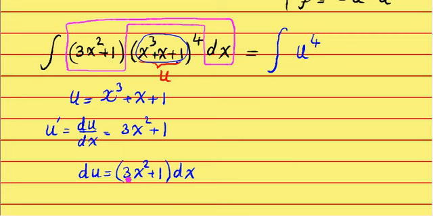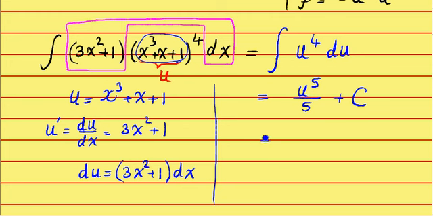Fortunately I have it here. 3x squared plus 1 dx is just the same as du. So I just translate that to du. I go ahead and perform this indefinite integral. Remember, this means: what's a function whose derivative will be u to the power of 4? Of course, it's u to the power of 5 over 5 plus a constant.